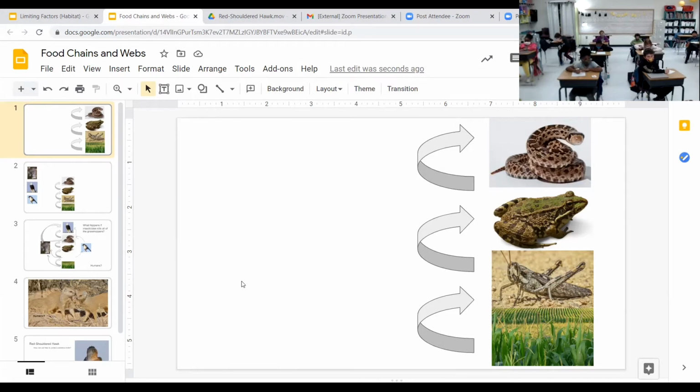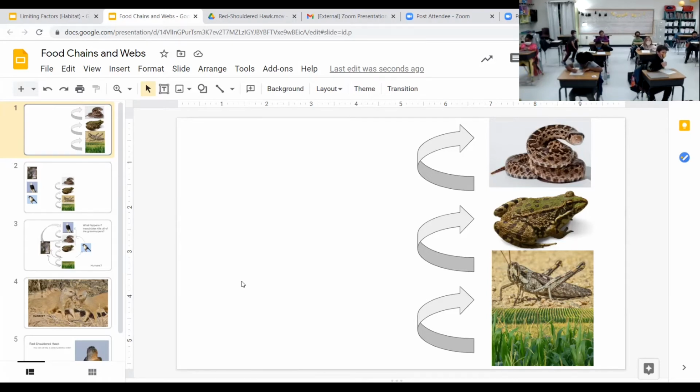So now we've been talking about food chains only, right? But we also know that there's something called food webs. So the big difference between food chains and food webs is that systems like this oftentimes are not that simple, right? We know we have more herbivores present in an environment than just grasshoppers. There's even many more different types of plants than just corn. We could have different levels of our primary consumers.